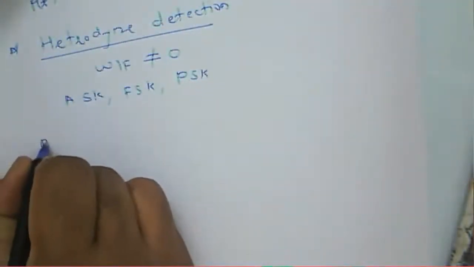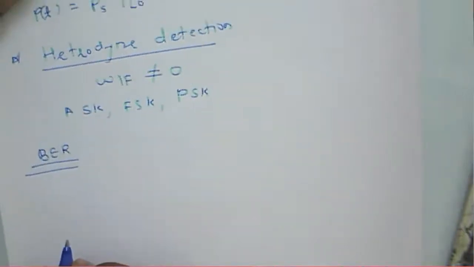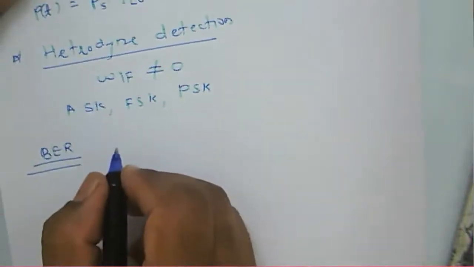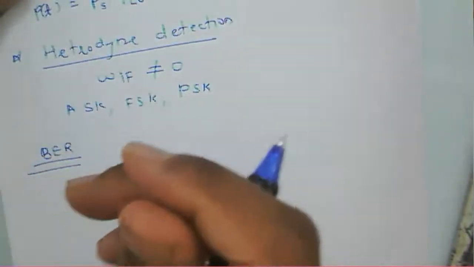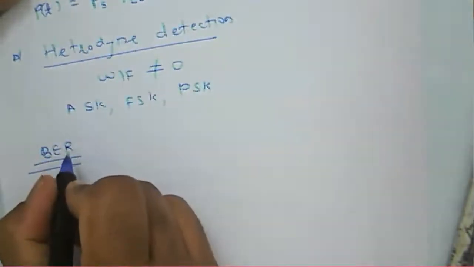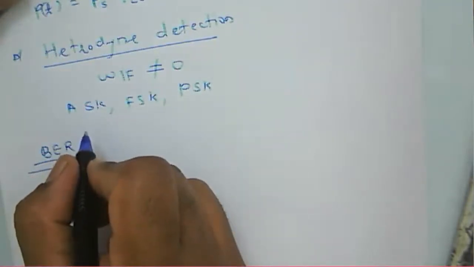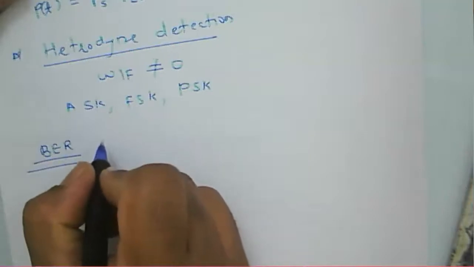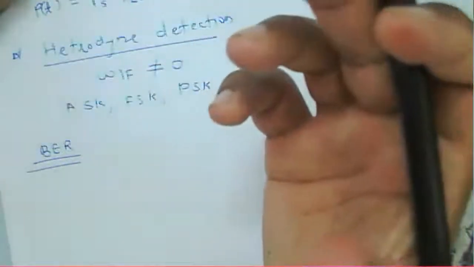Now we need to compare the receivers. What will be the PR required? For coherent detection, we need to see the performance of the receiver. The performance of a receiver is in terms of bit error rate, or the performance of your optical communication system.